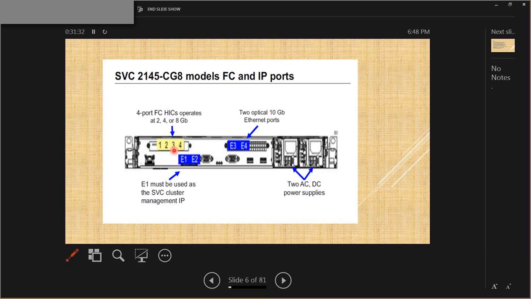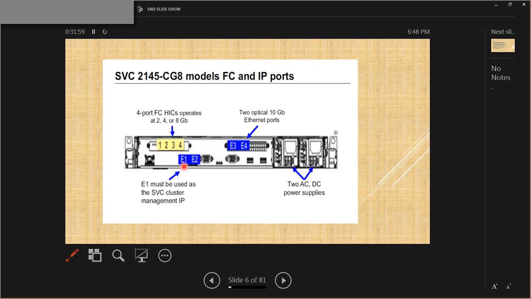Out of these, the E1 port can be used for management purposes; the management IP is configured on this E1 port. Then we also have the E2 port, which can be used for 1 Gbps iSCSI connectivity. Overall, we can utilize both of these ports for 1 Gbps iSCSI connectivity as well, in case you want to use them for management connectivity as well as 1 Gbps iSCSI connectivity. You can use a VLAN configuration for that purpose.